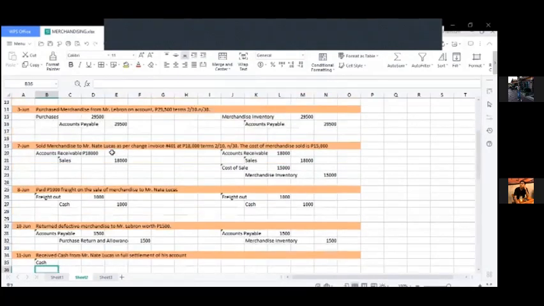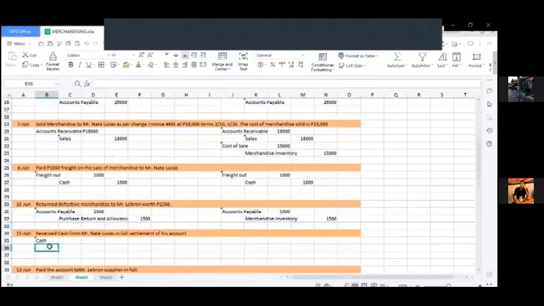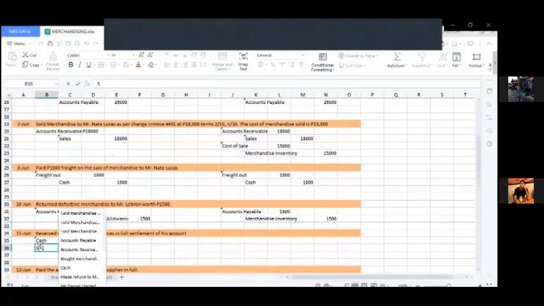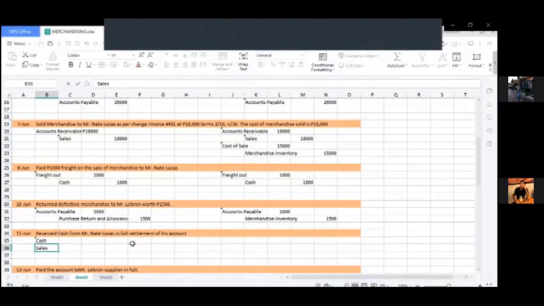So, 8 days. 11, 9 days pala. So, may sales discount. Pasok siya sa sales discount. And, mababawasan yung accounts payable natin. Ay, accounts receivable pala, sorry. Accounts receivable.